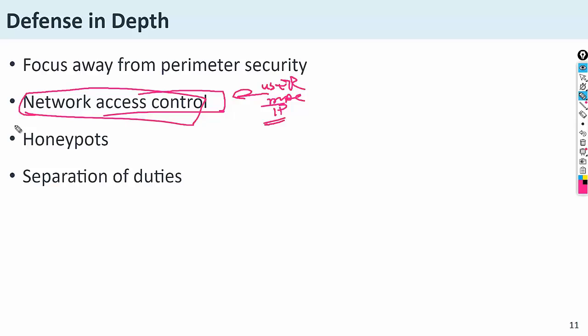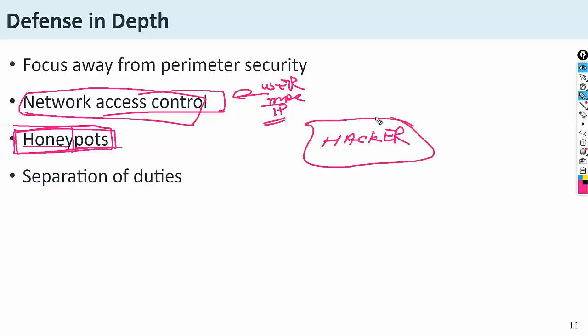Another security measure can be implemented by using a honeypot. As its name suggests, honey and pot, it means some honey inside the pot. What does it mean? Simply, here is a hacker sitting outside the network, and this is my web server.